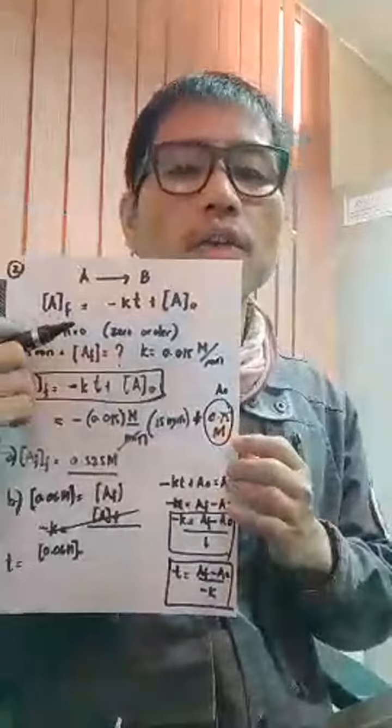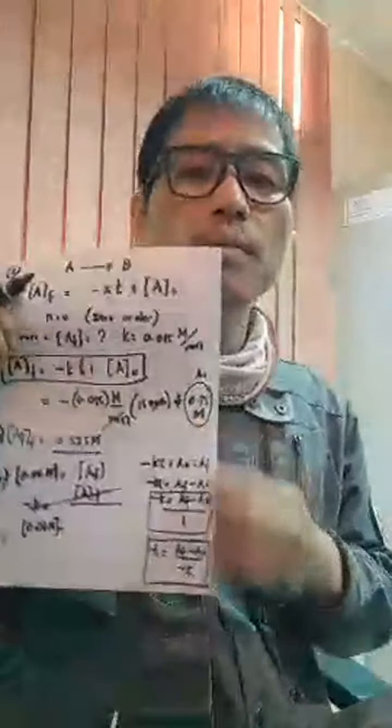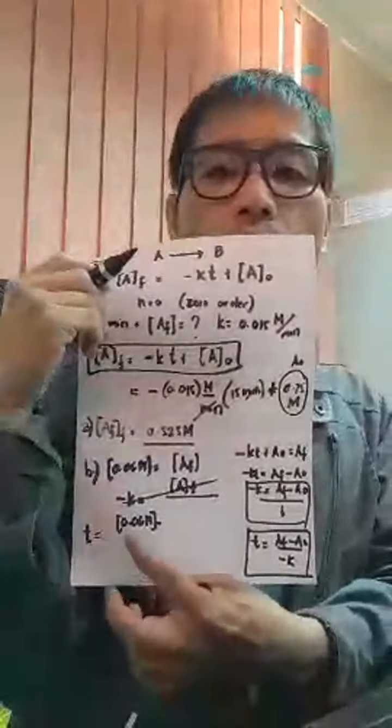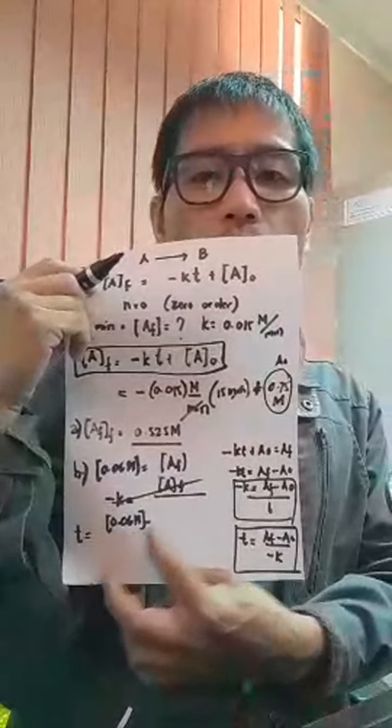Our initial concentration is 0.75, so subtract that here. 0.06 minus 0.75, still molar, and then divided by the value of K, which is equal to 0.015. So we have the time already.